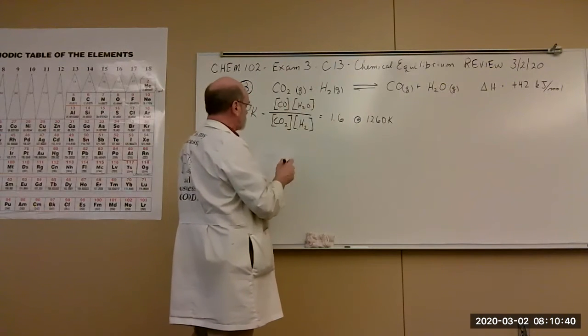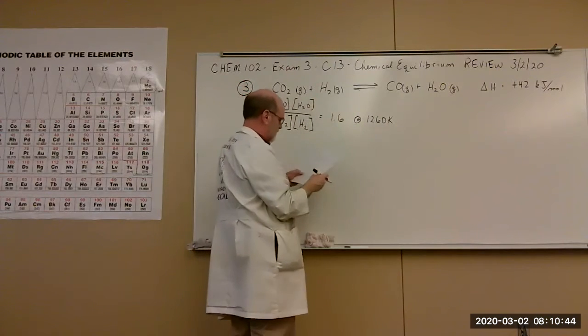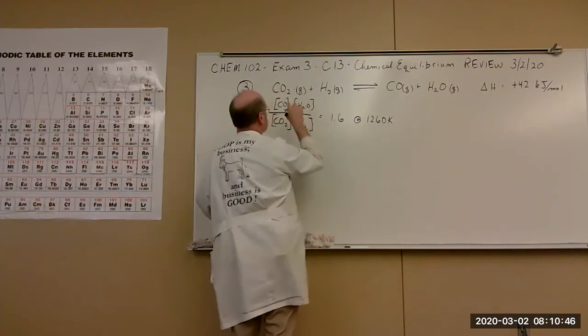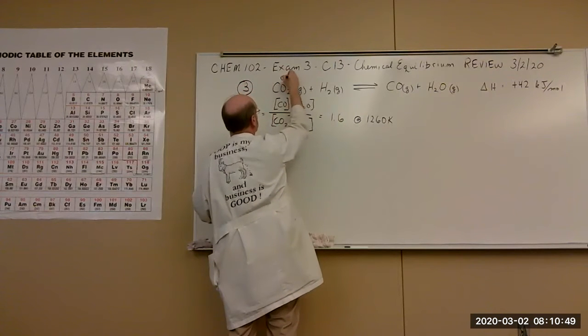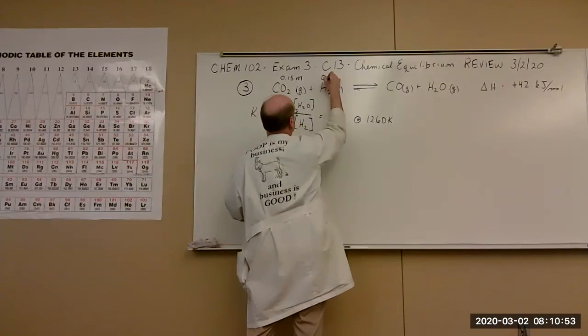So if you put the same amount of each one of these gases, it says 0.15 moles in a liter, which means each one is that molar, right? Moles per liter.